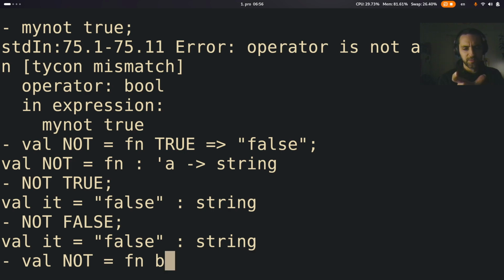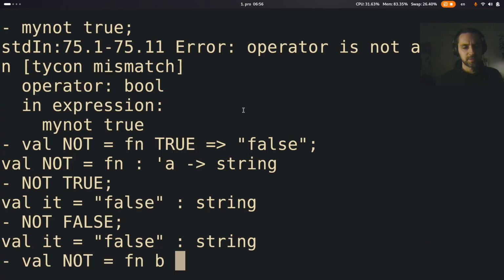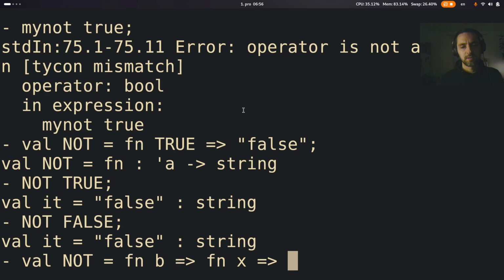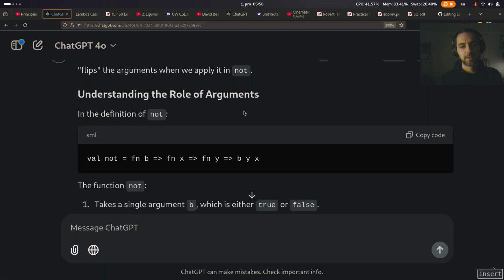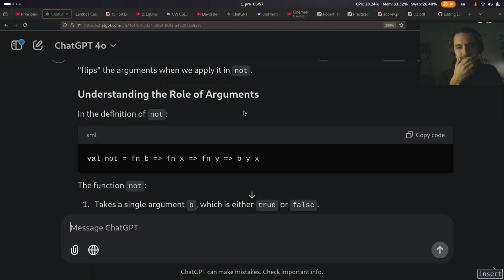I was going from my previous definition. Not equals lambda b, lambda x, lambda y, which outputs b x y, no, b y x. Yeah, it should be like that, right?